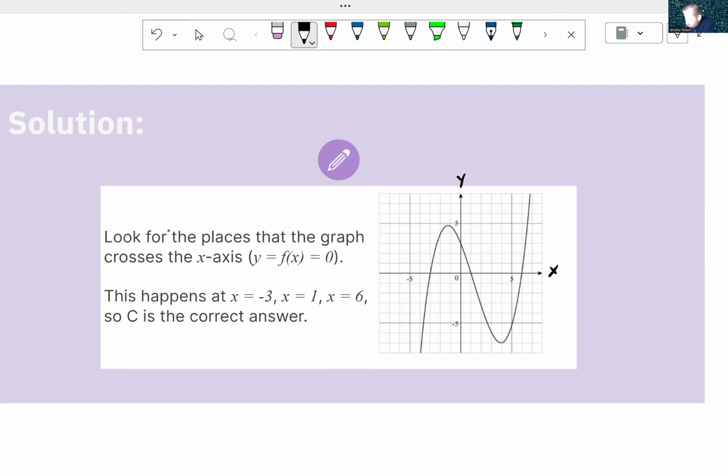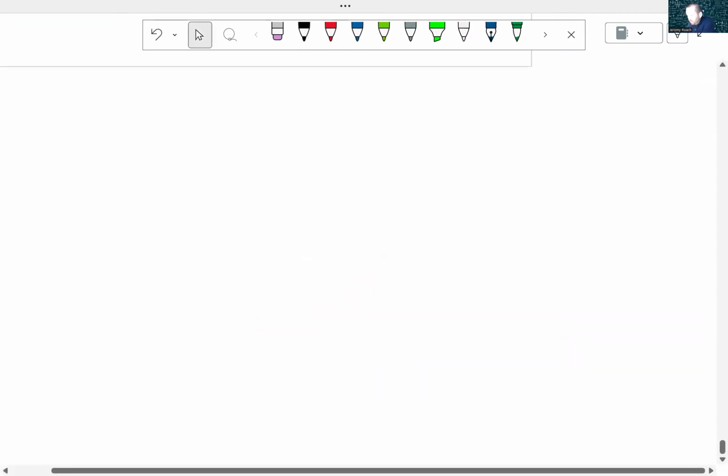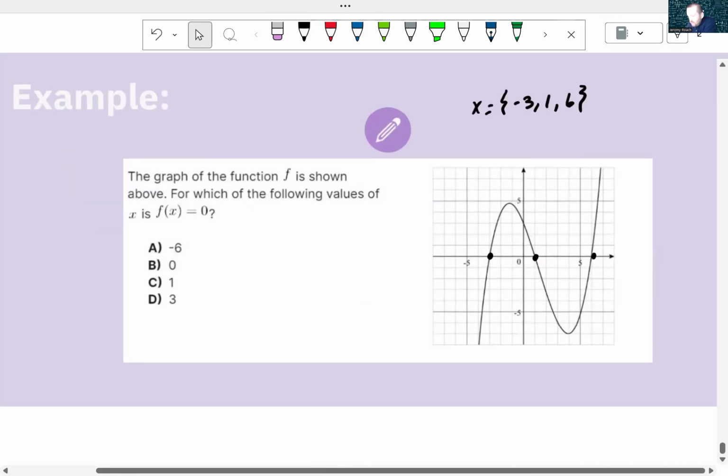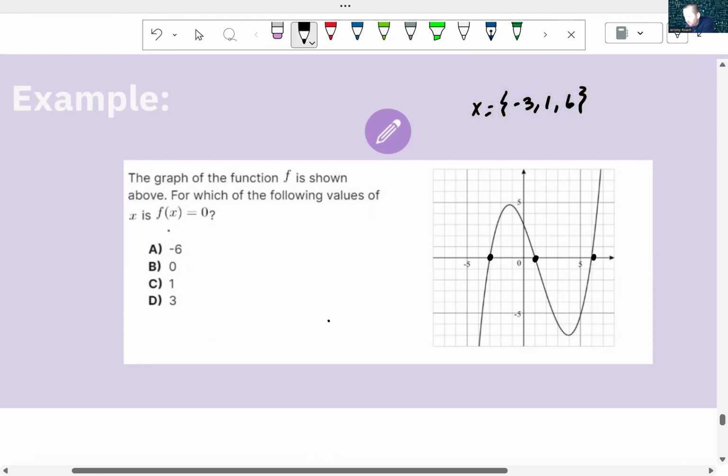When y equals 0, we're just looking at this line, and that line is the x-axis. So it's basically saying, where does it cross the x-axis? That's another way that we can say f of x equals 0. From these values, where does it cross? So -6, no. 0, no. 1, yes. 3, no.